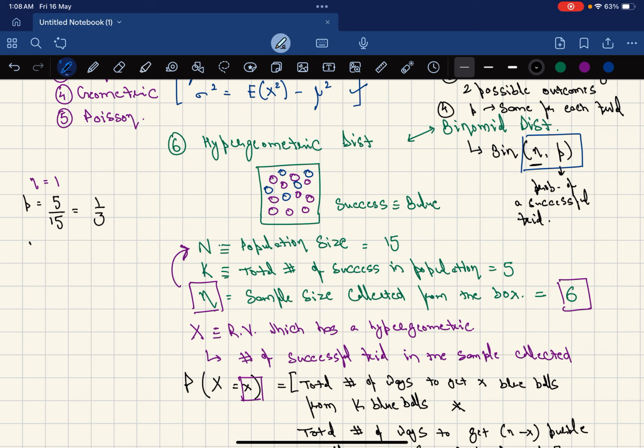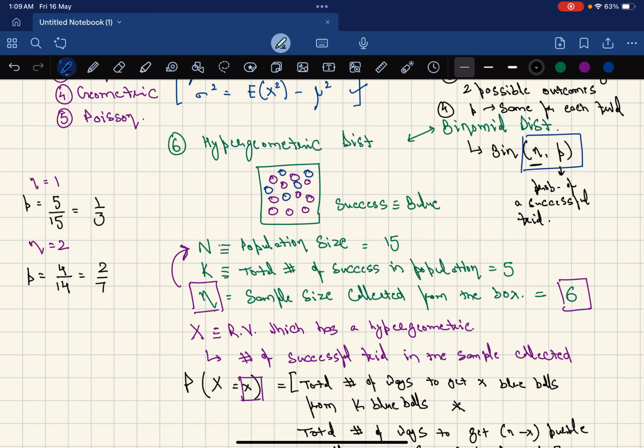Now for n equal to 2, that is the second sample, in this case we are only left with 4 blue balls out of a total of 14 balls left, and therefore the probability becomes 2 by 7. So the catch here is, since the number of blue balls is fixed, as and when we draw a blue ball from the bigger box, the probability of getting a blue ball in the next trial would be different from what it was in the previous trial.